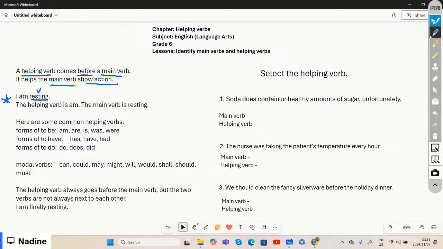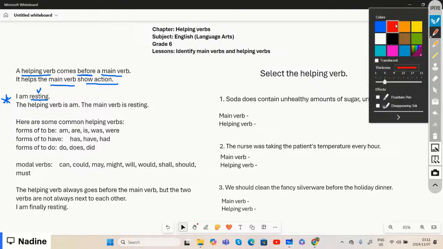I'm going to put V for main verb. It's what you are doing. And then we have the word am. That is our helping verb. I'm going to put HV for helping verb.